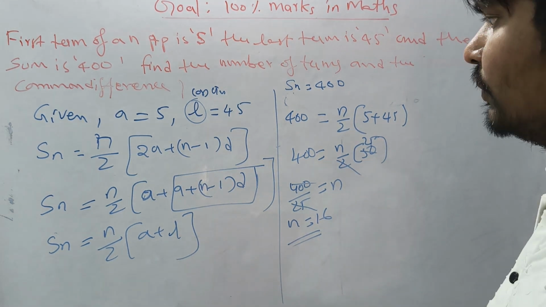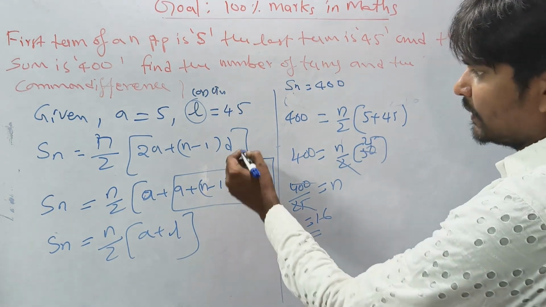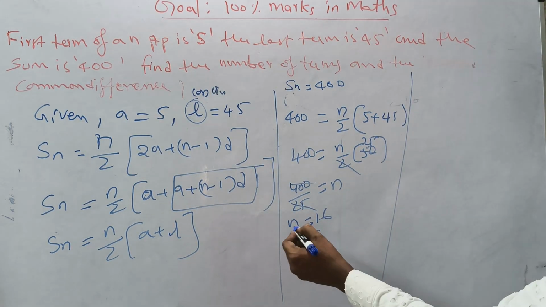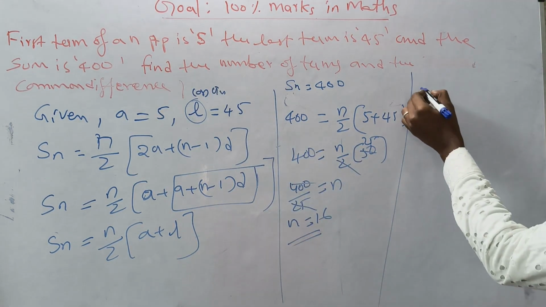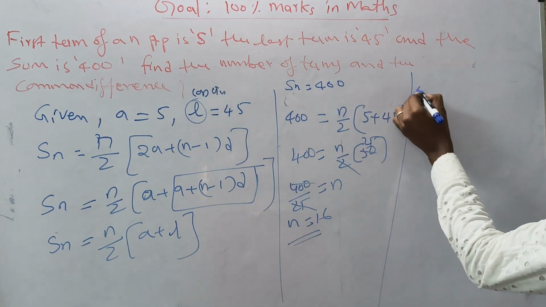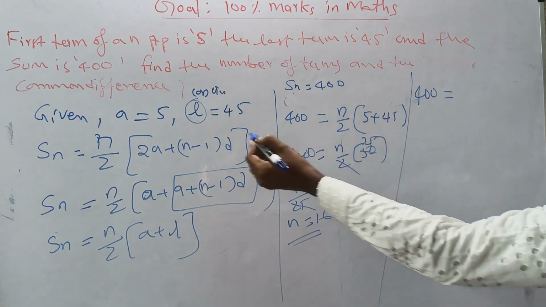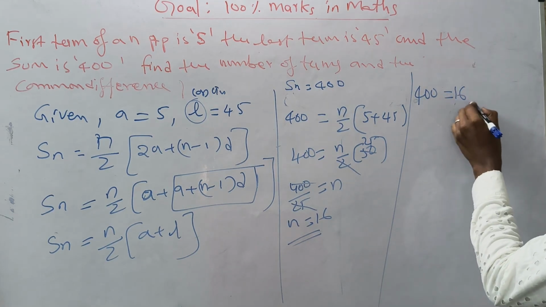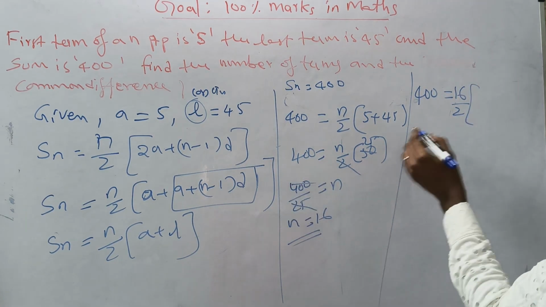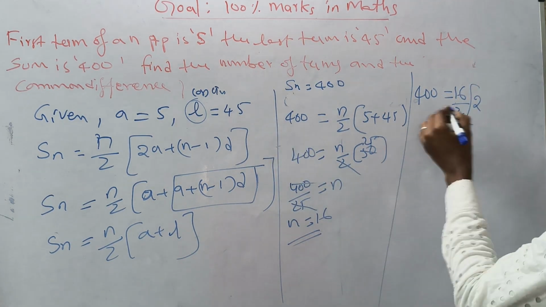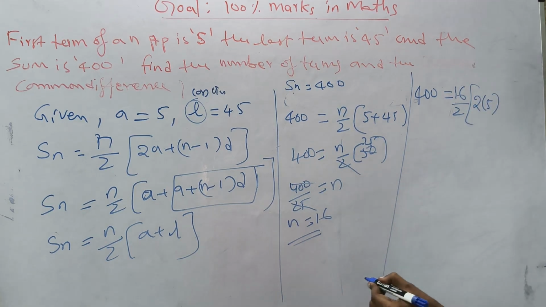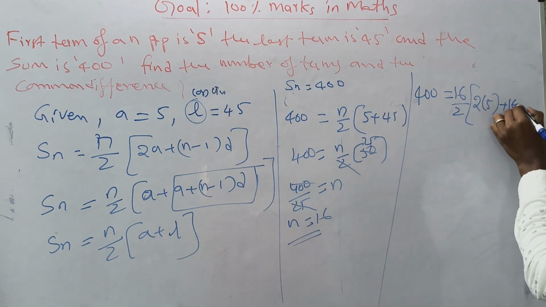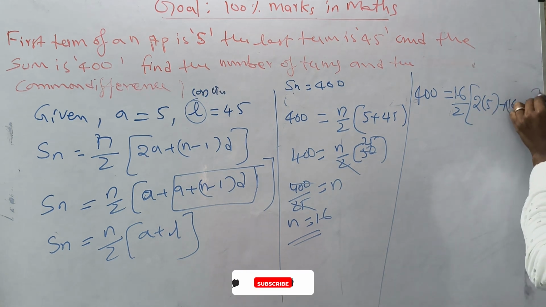Now by using this formula you will get d, the common difference. See, Sn we know already, substitute here. 400 is equal to, directly I am substituting, again n by 2. n is 16 now, 16 by 2 into a, which is given as 5. Substitute here, plus n minus 1 into d, where n is equal to 16, minus 1 into d we have to find out.